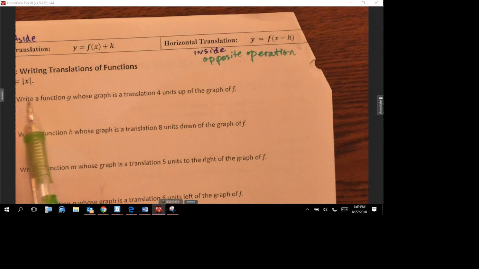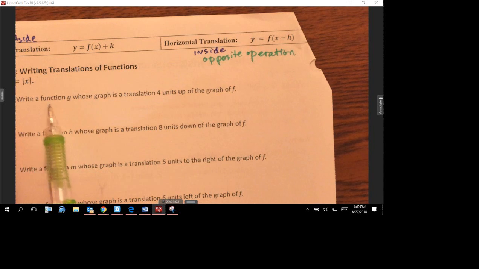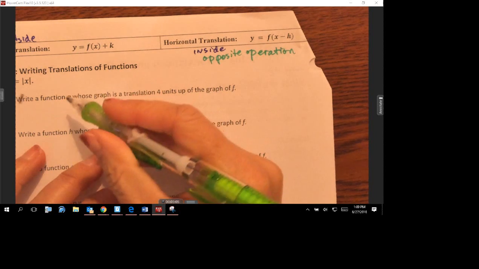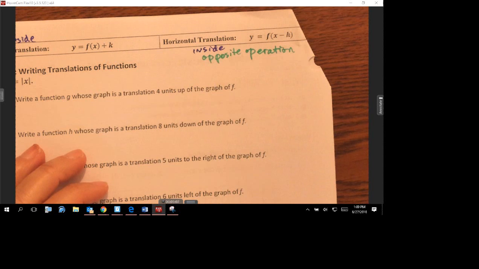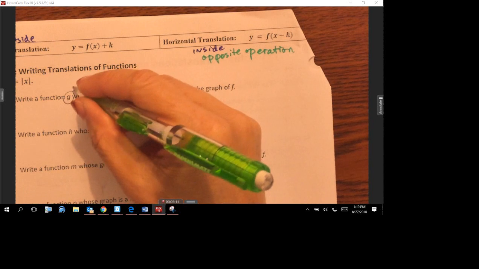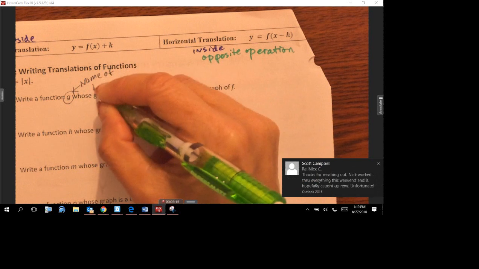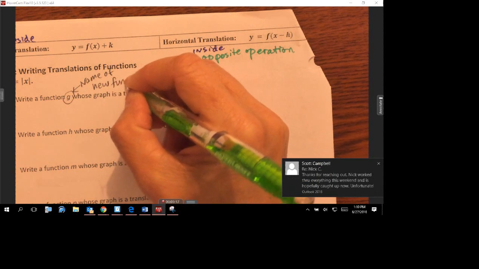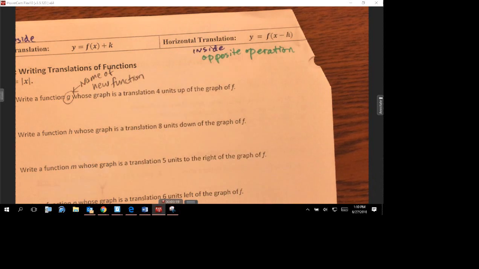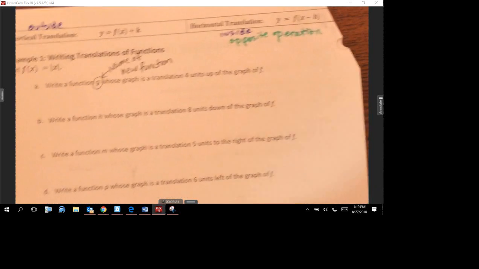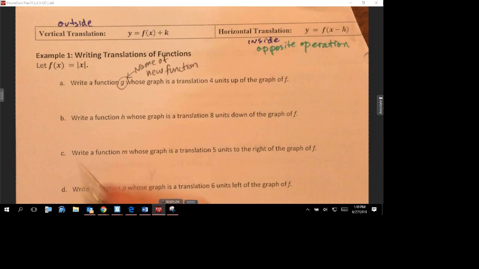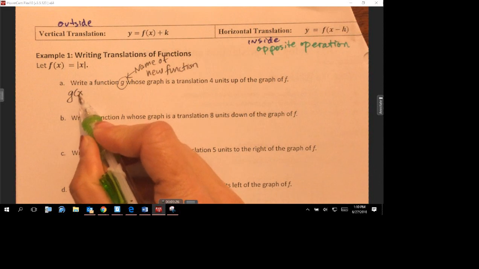Writing translations of functions. Question A, we're going to write a function g. Can somebody grab that? Thank you. Write a function g right here. This is the name of the new function. So that g tells me that I'm going to write g of x.